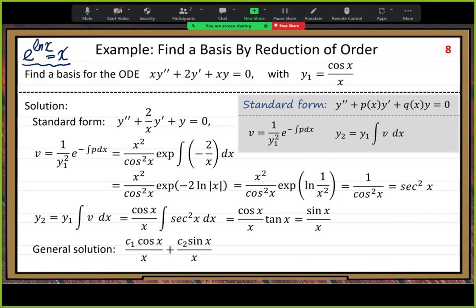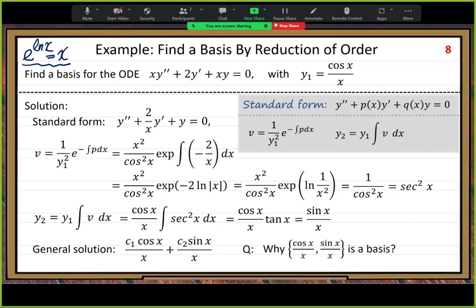So we can solve the IVP problem. After the formula of the general solution, you can solve the initial value problem. So that's this example.